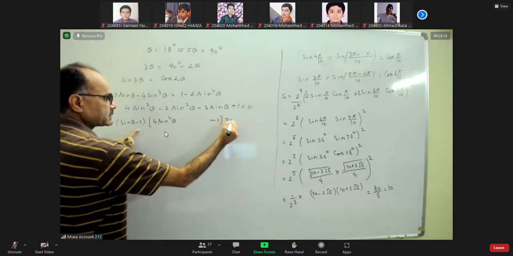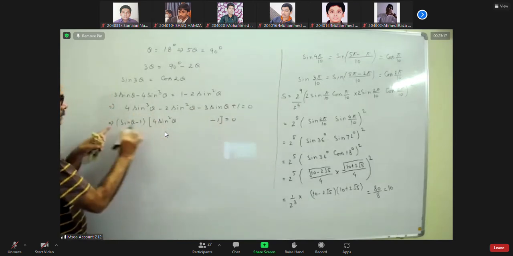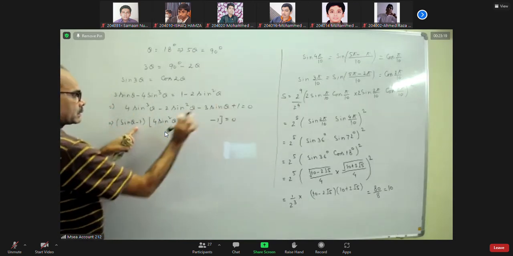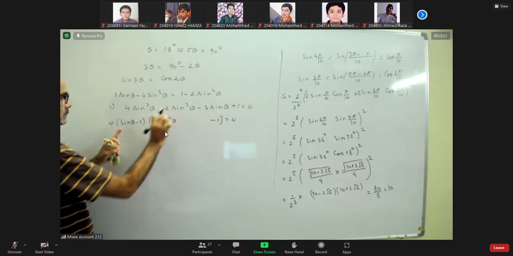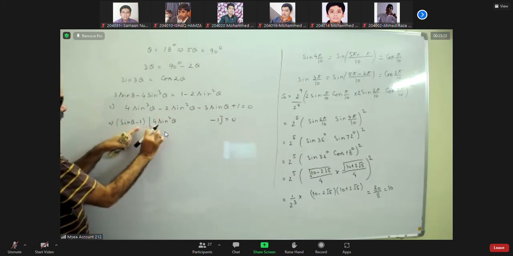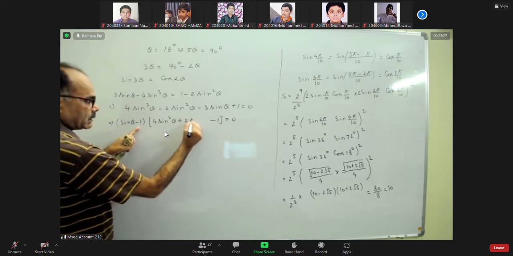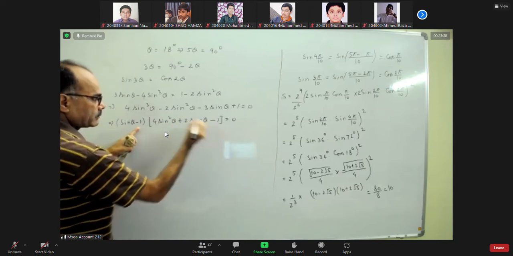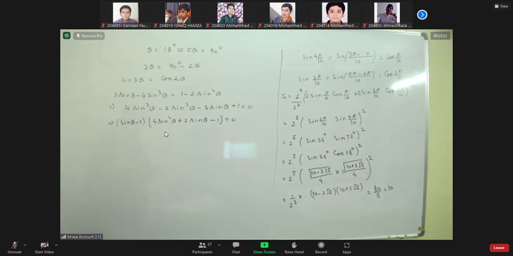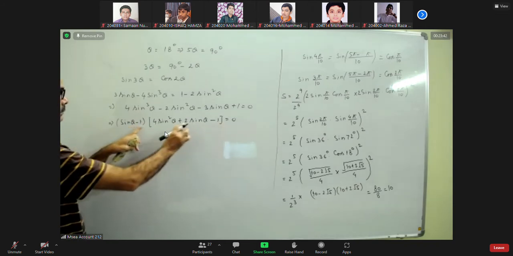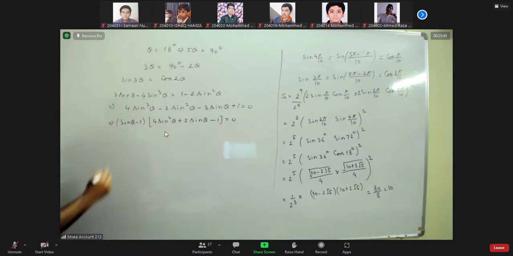Just adjust the first term and last term: 4 sine cube theta plus 1, then minus 2 sine square theta minus 4 sine square theta, and the other will be automatically adjusted.